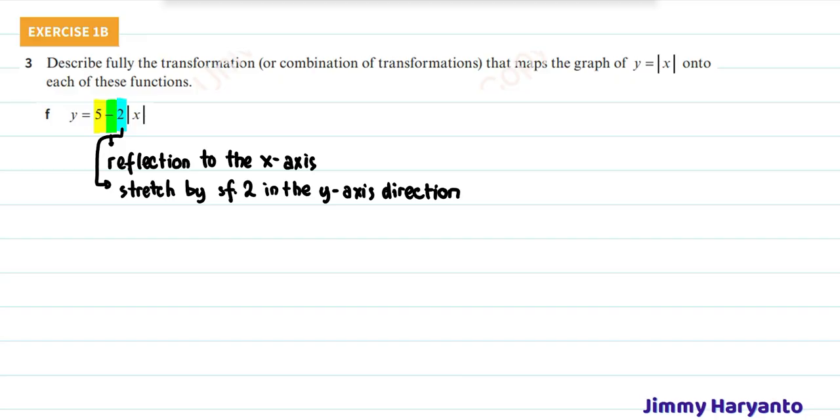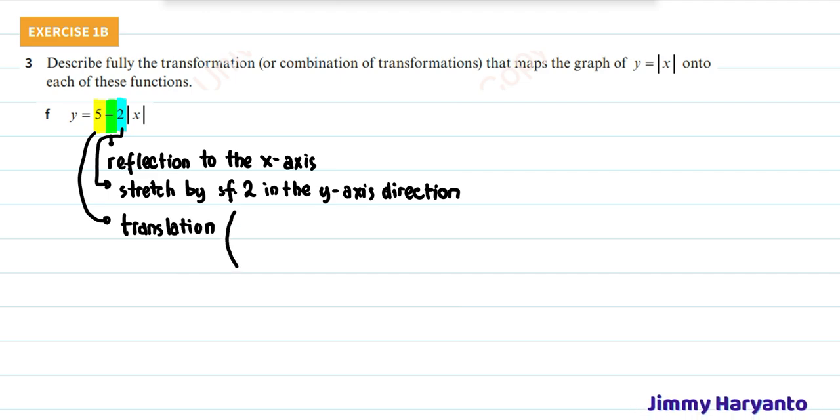Okay, this is the second. The third will be the 5. The 5 is translation of 5 units in the positive y direction, that means (0, 5). Okay, there is no translation in the x, because usually if you have translation in the x you will have these numbers. In this question we don't have that number, so you will only say it's 0.